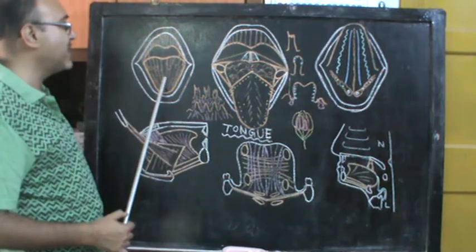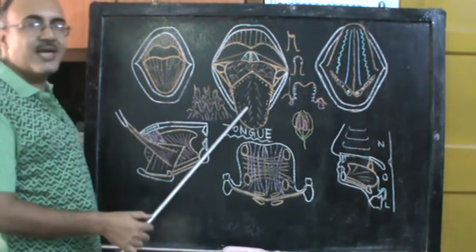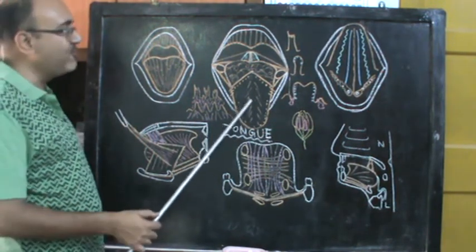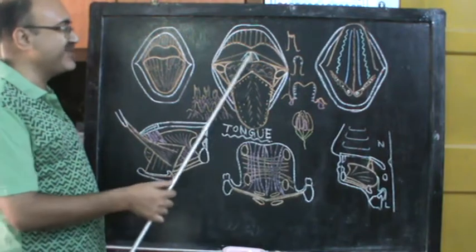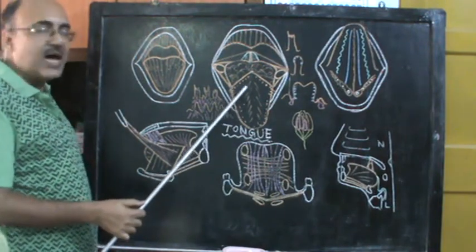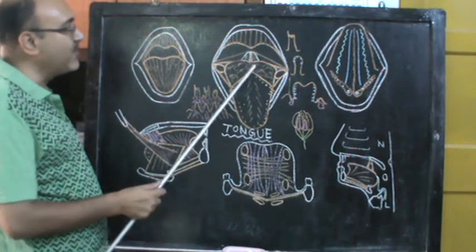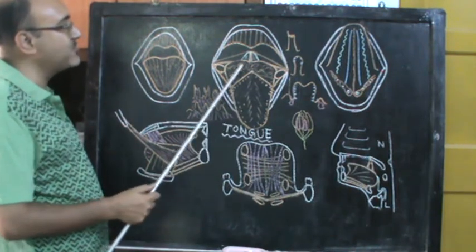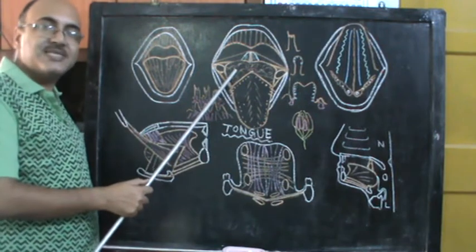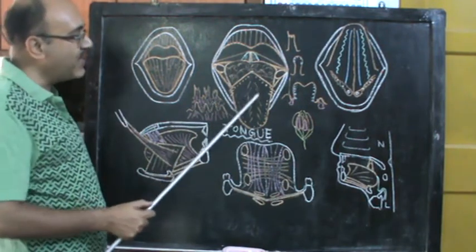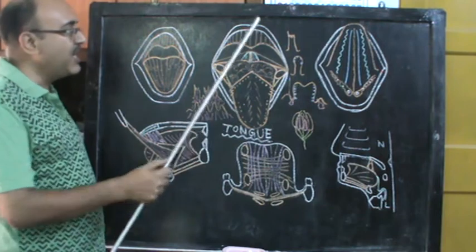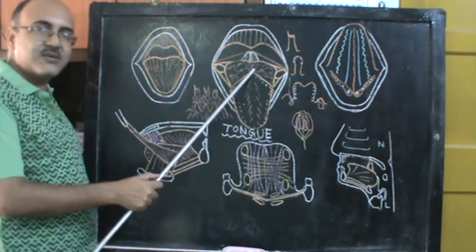Now suppose you tell this person to protrude the tongue and say ah, like you do when you are examining a patient. So when the person protrudes the tongue to the maximum, then beyond the oral part of the tongue you can also see a little bit of the pharyngeal part of the tongue. So now you have the anterior 2/3 of the tongue as well as the posterior 1/3 of the tongue.